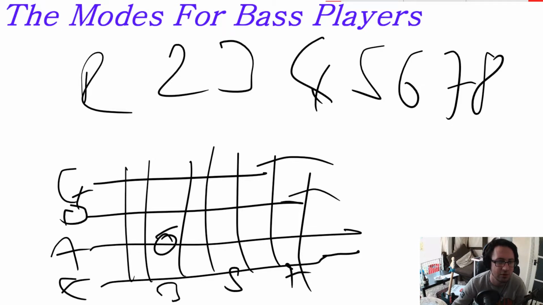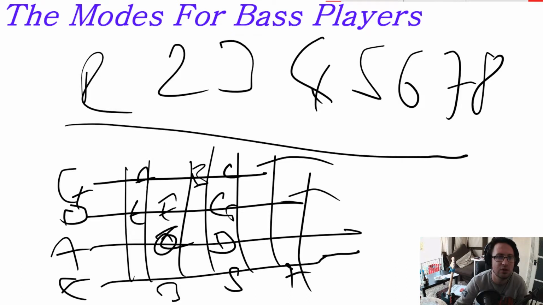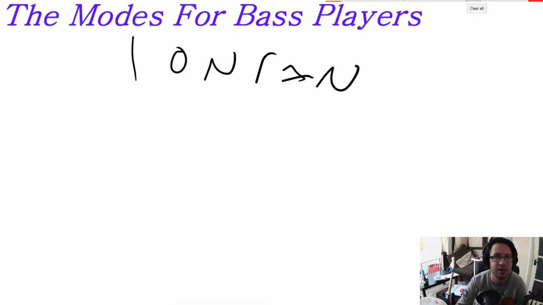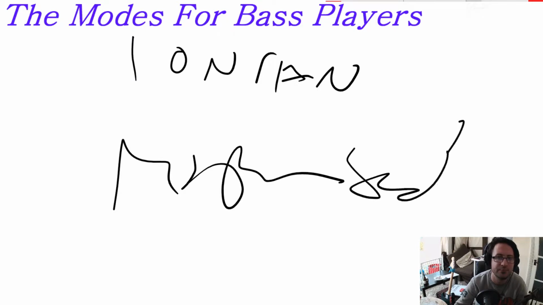So the first note is C there, D, E, F, G, A, B, C. We'll come back to this, so it's not too important to remember the shape at the moment. The important thing to remember is the formula. You'll become more familiar with these as we go on. So that's a brief overview, and that was Ionian, otherwise known as the major scale.